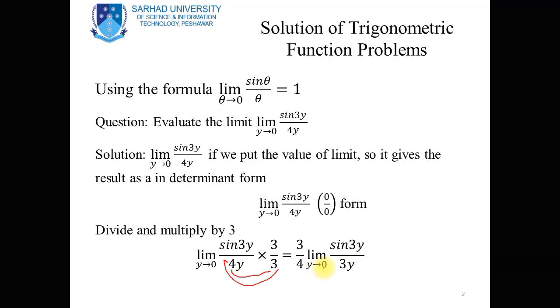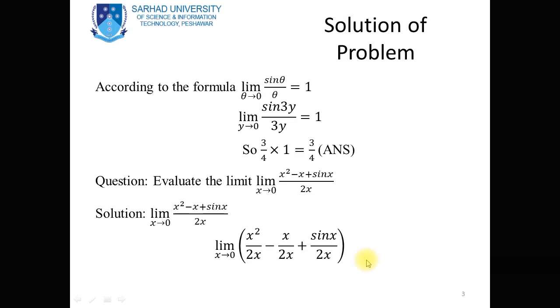Since y tends to 0, 3y also tends to 0. Now we can apply this theorem. So this limit will be equal to 1. According to this formula, the limit y tends to 0 of sine 3y divided by 3y is equal to 1. So 3 by 4 is as it is, and putting this term equal to 1, we obtain the result 3 by 4.